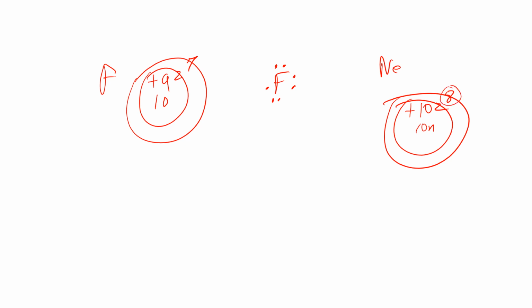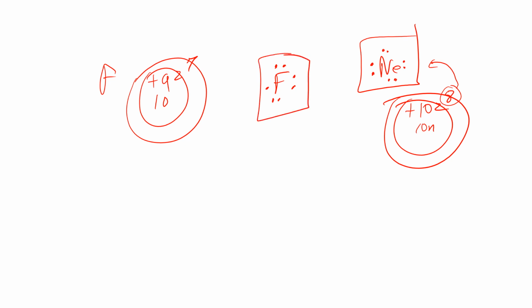I need these 8 valence electrons around the neon. Well, 4 places. There's 1, 2, 3, 4, 5, 6, 7, 8. There's my 8 valence electrons, and this is the electron dot notation for neon.